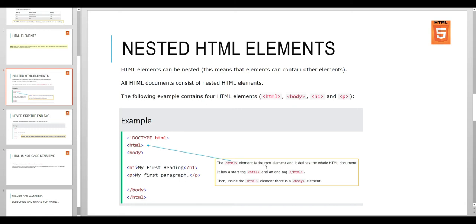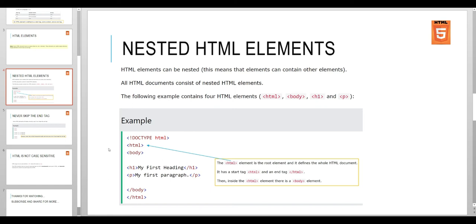So the html element is the root element, and it defines the whole HTML document. It has a start tag and an end tag. Then inside the html element there is a body element, and within the body element we have the h1 tag and p tag. So this is the structure of an HTML document, which consists of nested HTML elements.